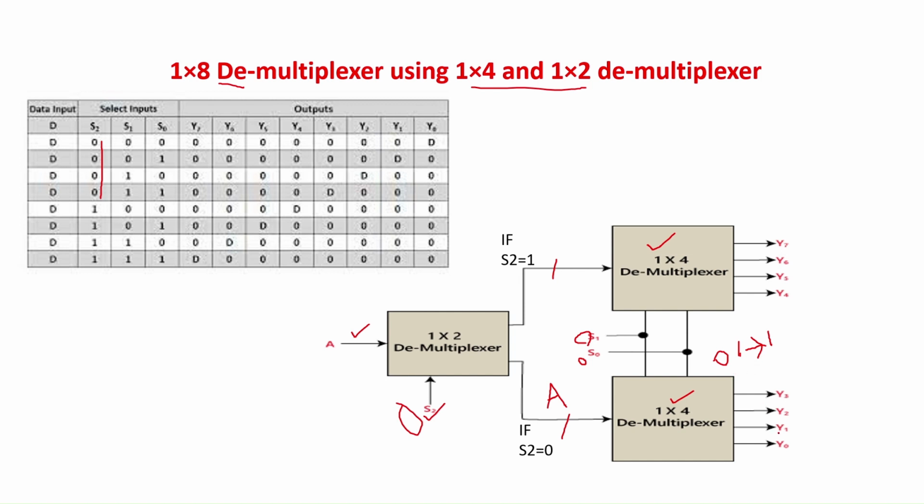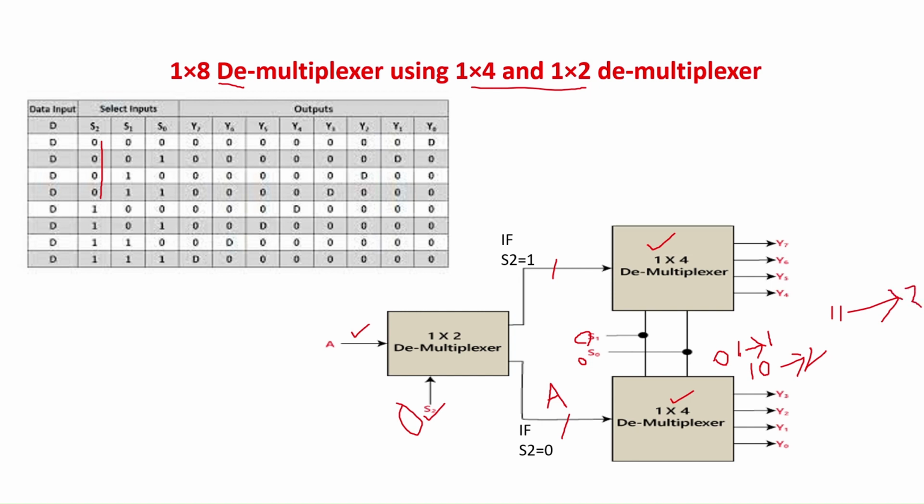If the selection input S2 equal to 0 and the other two selection inputs are 1, 0, the decimal equivalent of 1, 0 is 2, so the output appears across the line Y2. When S2 equal to 0 and the other two selection inputs are 1 and 1, the decimal equivalent of 1 and 1 is 3, so the output appears across the output line Y3.